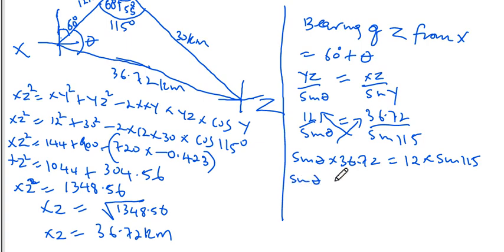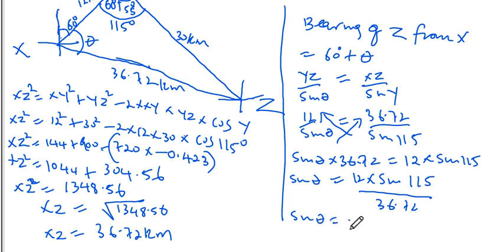Sine theta is equal to 12 times sine 115 over 36.72.